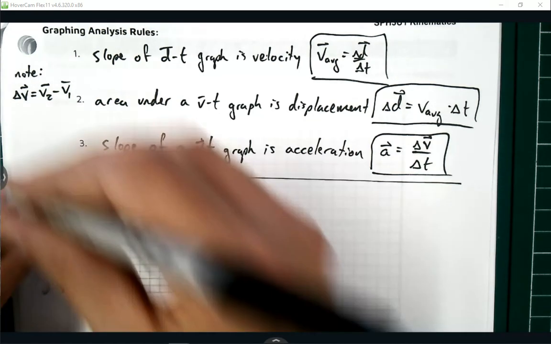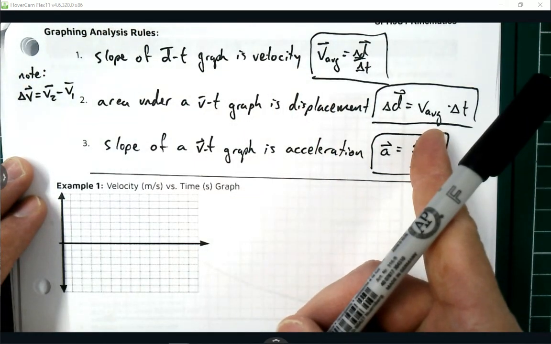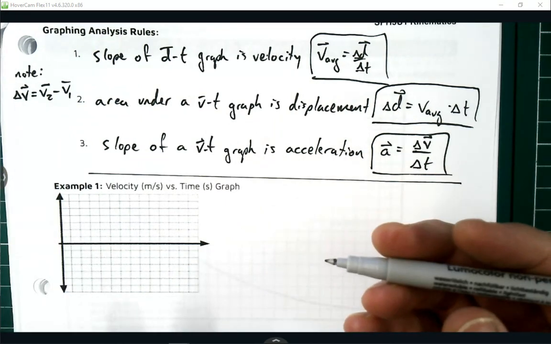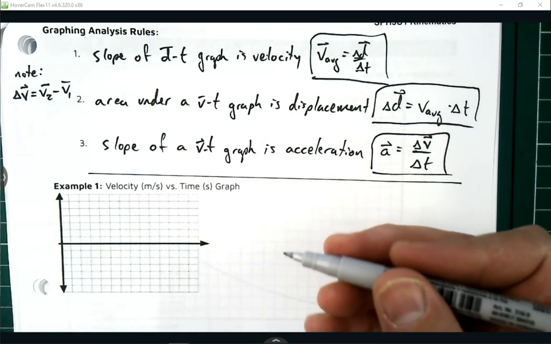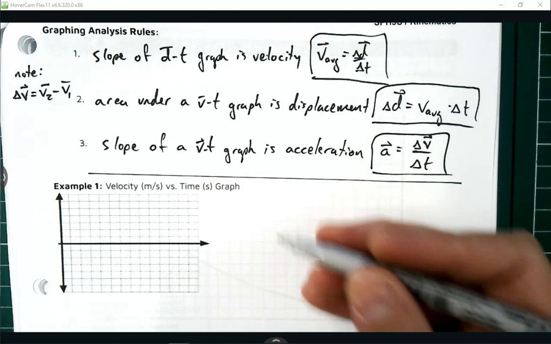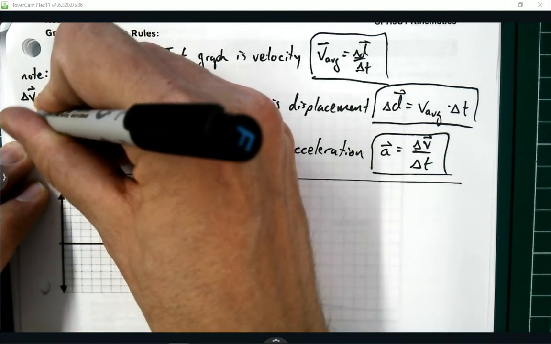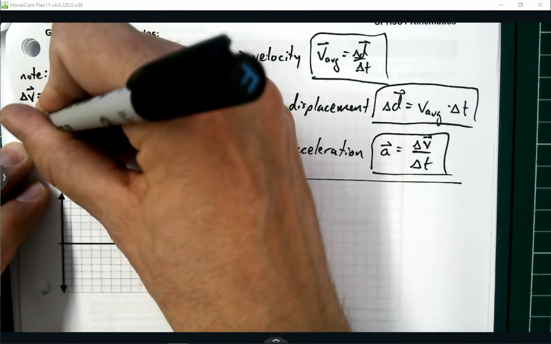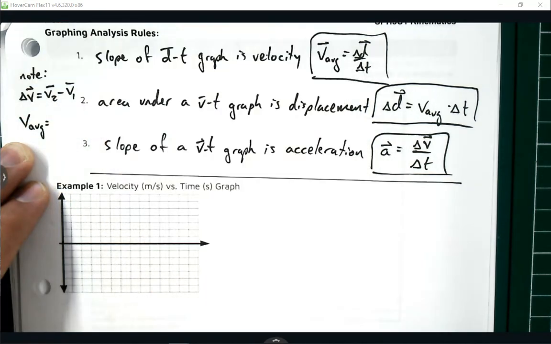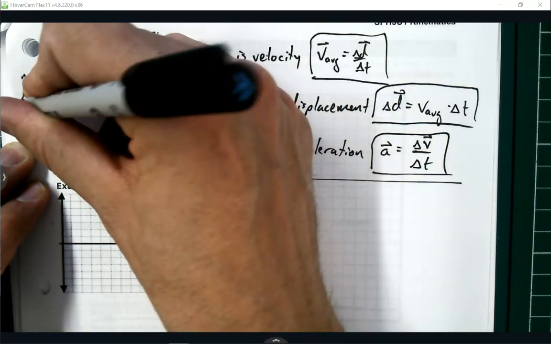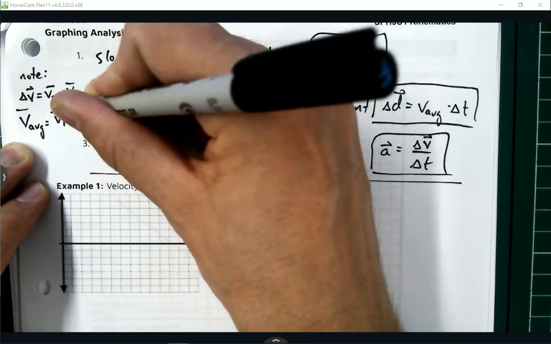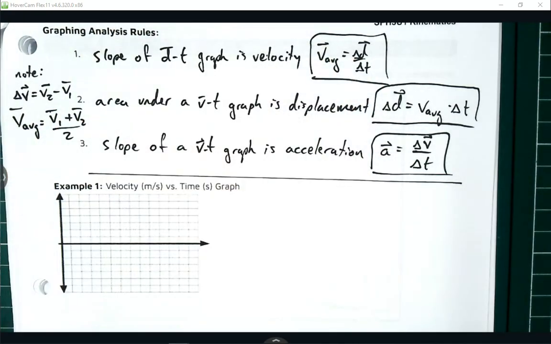The other thing is V average. Sometimes you're told V average, but sometimes you're told the initial velocity and the final velocity. So, reading between the lines, I want to make sure that people have this one. V average could be thought of as V1 plus V2 divided by 2. And that's especially going to be handy in one-dimensional problems.